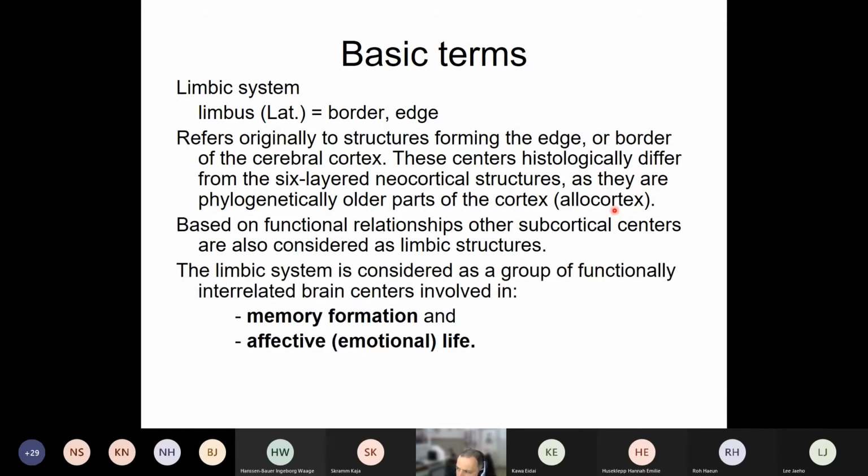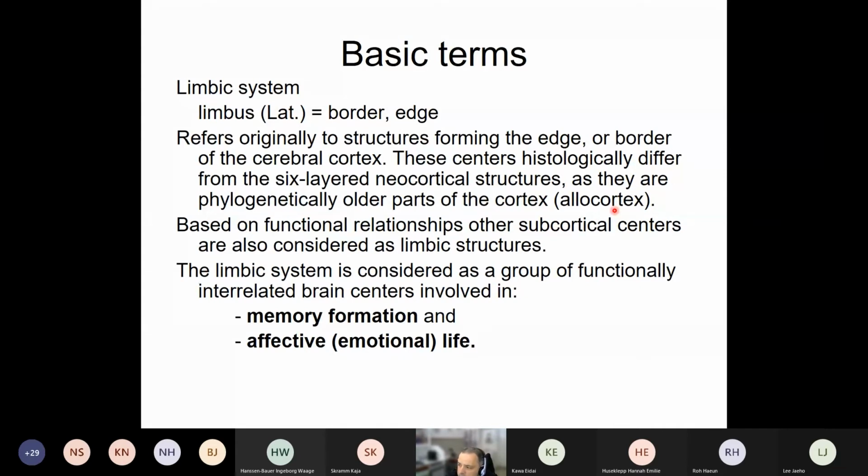If I want to make it very simple and summarize the function and significance of the limbic system very briefly, it is memory formation and emotional life: the affective stimuli that we feel, and that we can link our feelings with events.